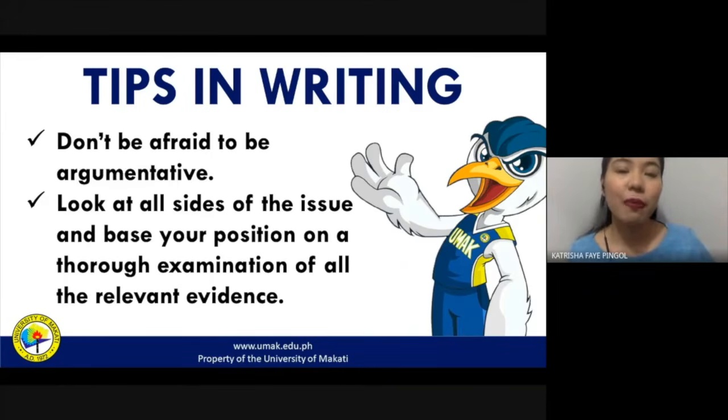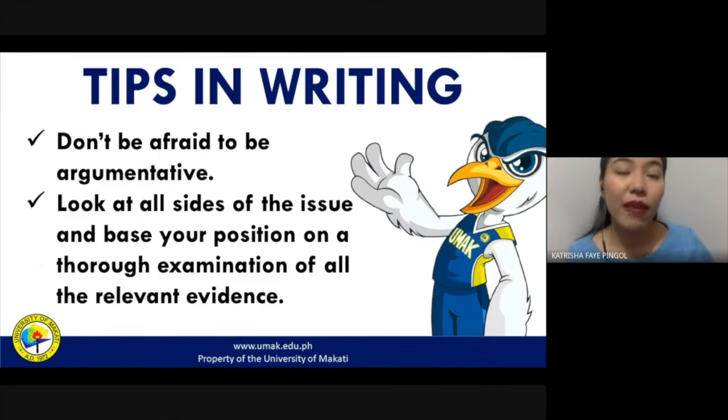Next, of course, part of being argumentative and part of writing a position paper is looking at all sides of the issue. Since this is an academic form of writing, you need to consider others' opinions as well. So you can do this by looking at all sides of the issue and basing your opinion on a thorough examination of all the relevant evidence.